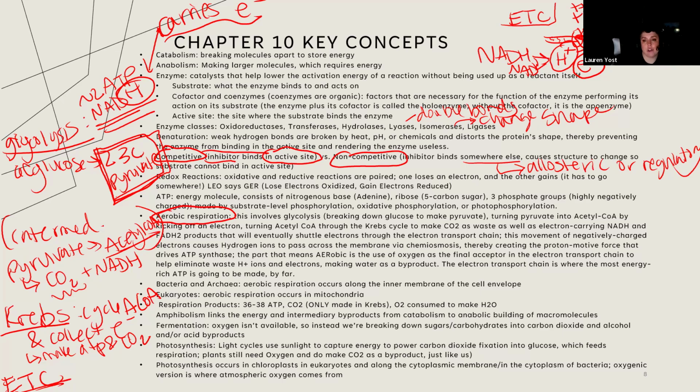Then further downstream, you have ATP synthase, which is an enzyme that these H pluses can then come back in through to try to equal out the gradient. And when that happens, ADP will become ATP.